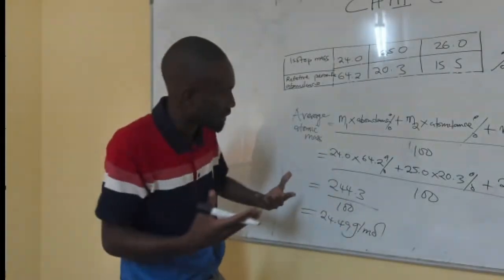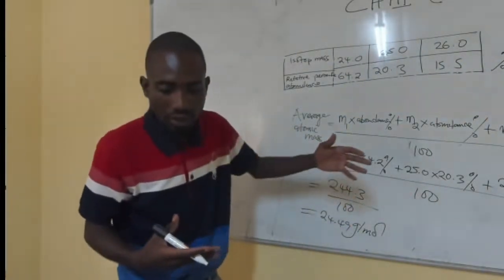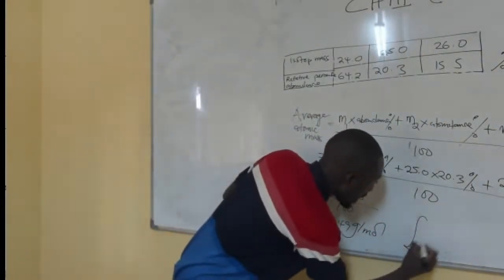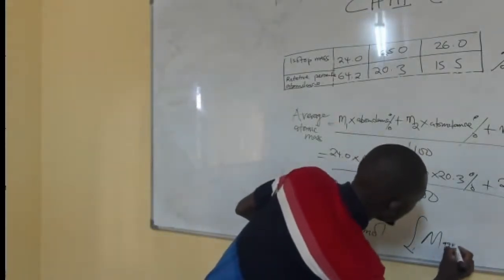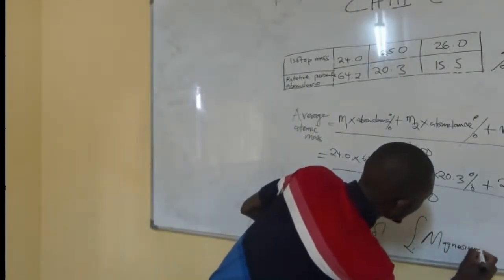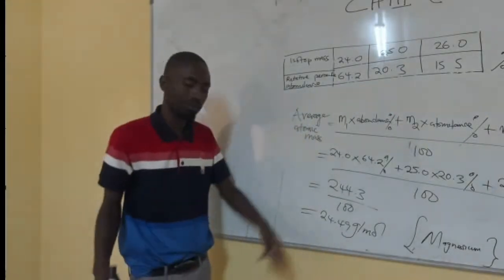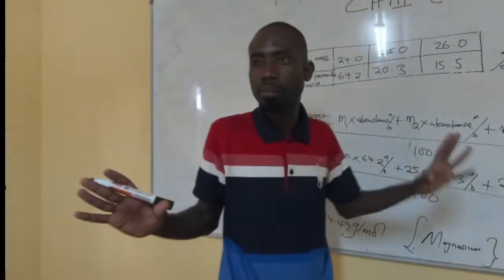What element is it? From the calculations that you would have made, using the periodic table, this one is magnesium, which has got relative atomic mass of almost 24.